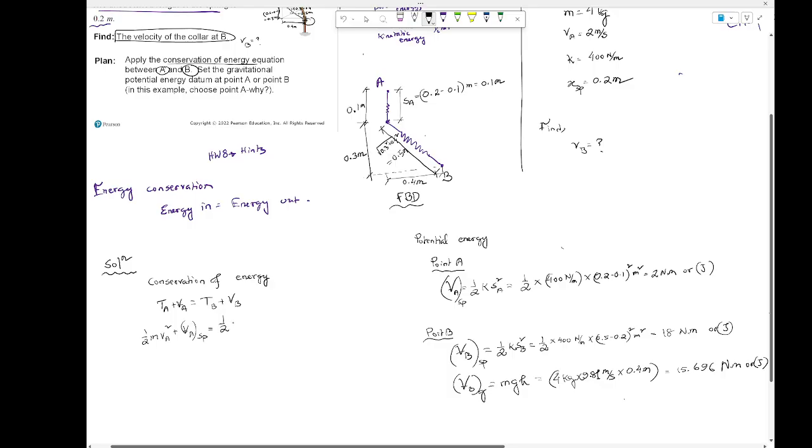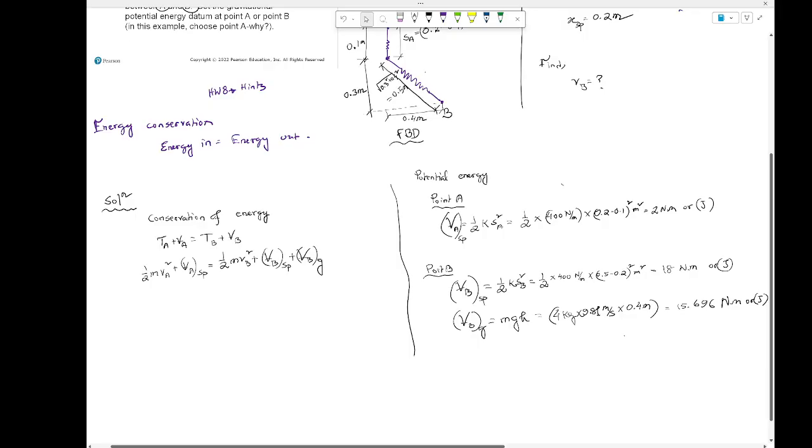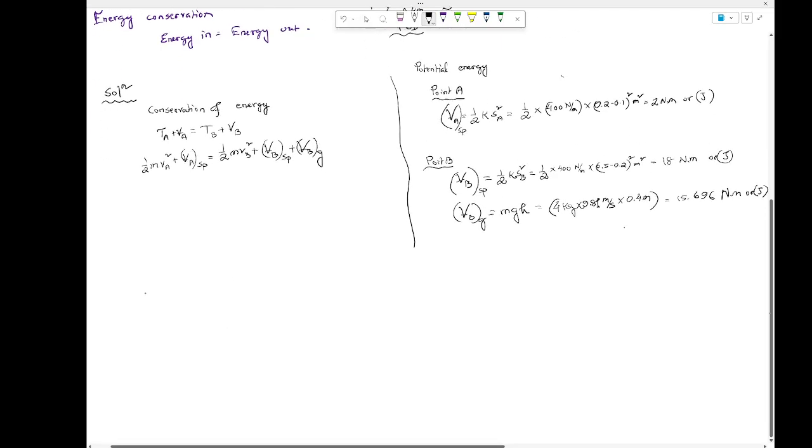TB should be half of m vB squared, plus the potential energy, this VB spring plus this VB gravity, right? So you're going to solve this equation and you should find the value of v. I do have the value somewhere. It's 1.96. See if you can find this value, vB, you should find 1.96. If you can find this value by yourself without any question so far, you're good to go.